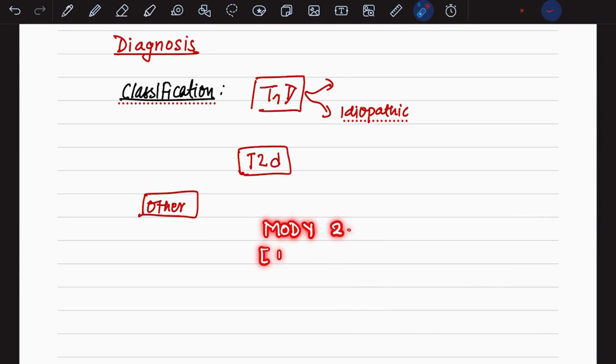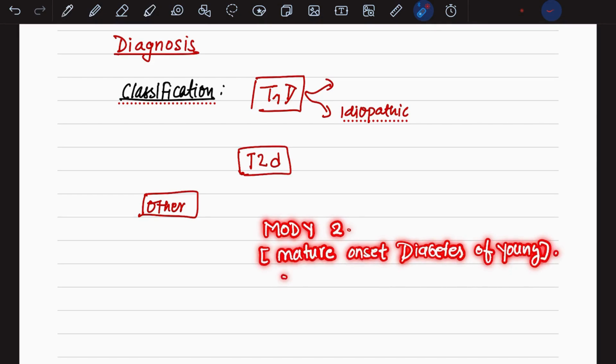Let's talk about the full form: maturity onset diabetes of the young. This is one thing that we should know.